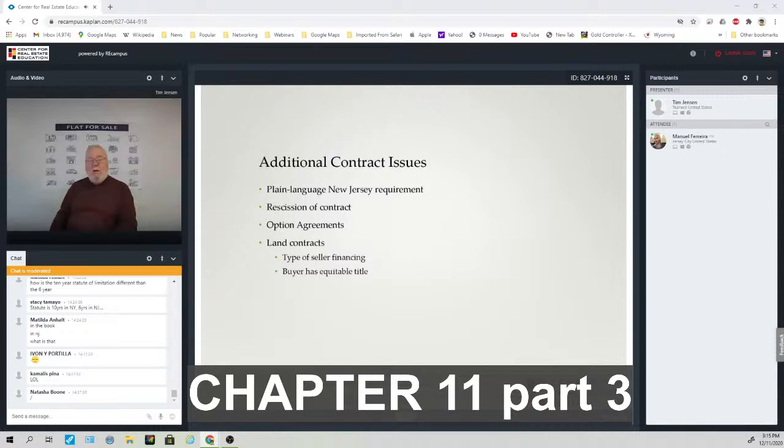Therefore, if you're going to include an option agreement in a contract, it's got to be right above the signature lines. If you turn to page 186 in your hardcover 14th edition textbook, you'll see that it says additional contractual provisions. That's where you would put in any other agreements or contingencies in a contract.